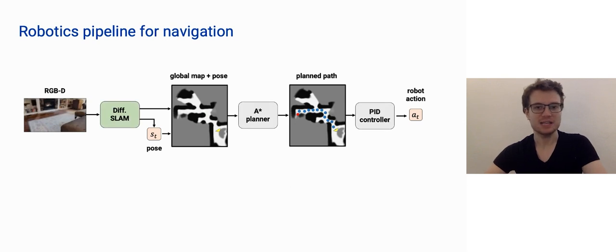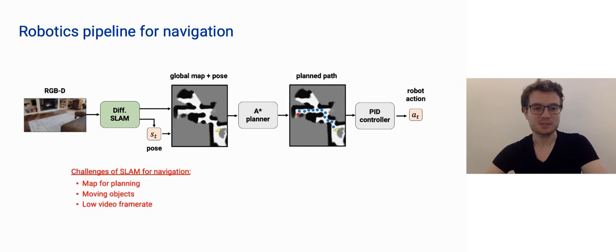Instead, we chose to only apply DAN to the SLAM component and use a standard A* algorithm for path planning and a simple PID controller for control. We made this choice because planning and control, at least for our robot platform, are very well-studied problems. The remaining challenge is to extract spatial information from visual input such that it integrates well with the downstream planning and control.